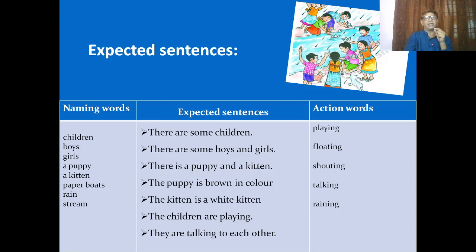Now let us see what are the expected sentences by using this picture. See here, in this way, we need to categorize the board into three parts, three columns. The first column, we need to write the naming words, and in the right column, we need to write the action words. We need to give more space in the middle part so that we can write the sentences there.